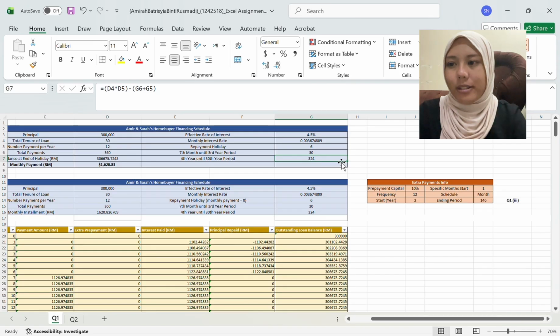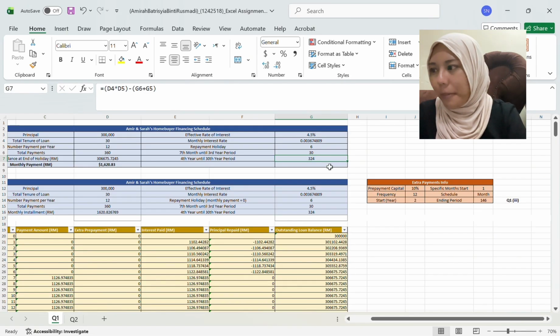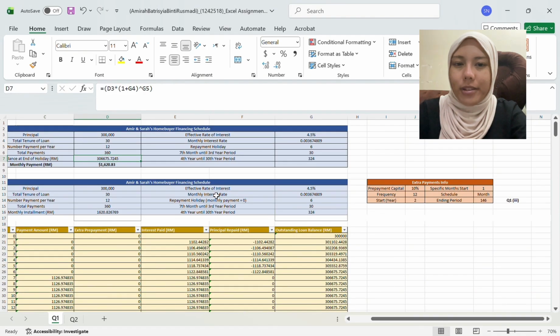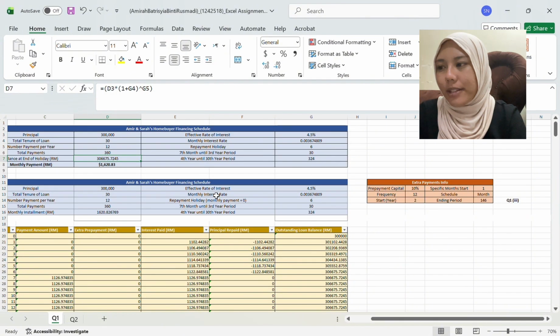The third argument, negative D7 here, enters negative RM 306,675.7245. So Excel outputs a positive payment of 1,620.83 per month.